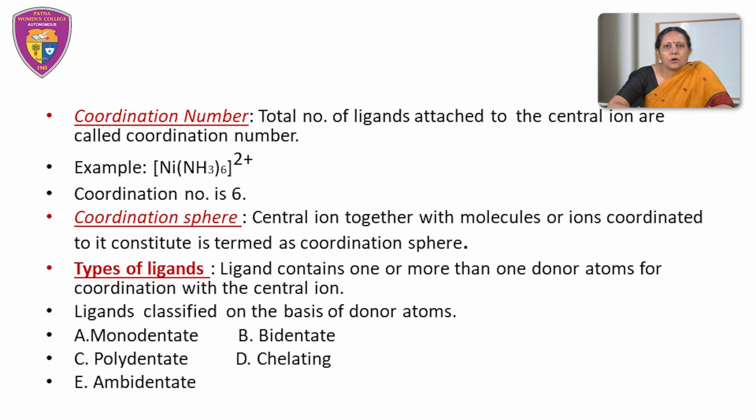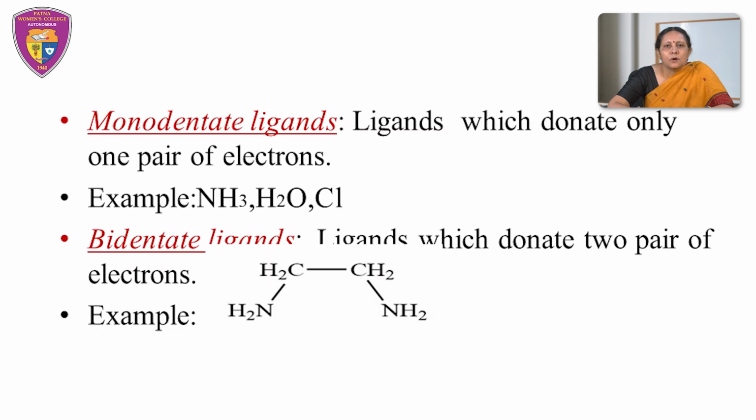Next, discuss ligands. A ligand contains one or more donor atoms for coordination with the central ion. Ligands are classified on the basis of donor atoms: monodentate, bidentate, polydentate, chelating and ambidentate ligands. Monodentate ligands donate only one pair of electrons, for example ammonia, water, etc. Bidentate ligands donate two pairs of electrons and have a tendency to attach to the central metal ion through two donor atoms.